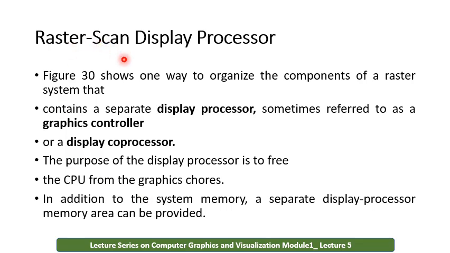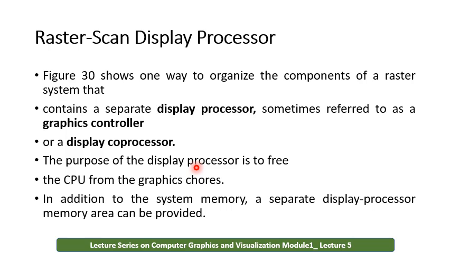Now let us move to the raster scan display processor. This is one way to organize the components of a raster system, which is separated with a display processor, sometimes called a graphics controller. It is also called a display coprocessor. The purpose of a display processor is to free the CPU from the graphics tasks. Whenever the CPU is busy with other work, this display coprocessor helps to free the CPU from the graphics tasks.